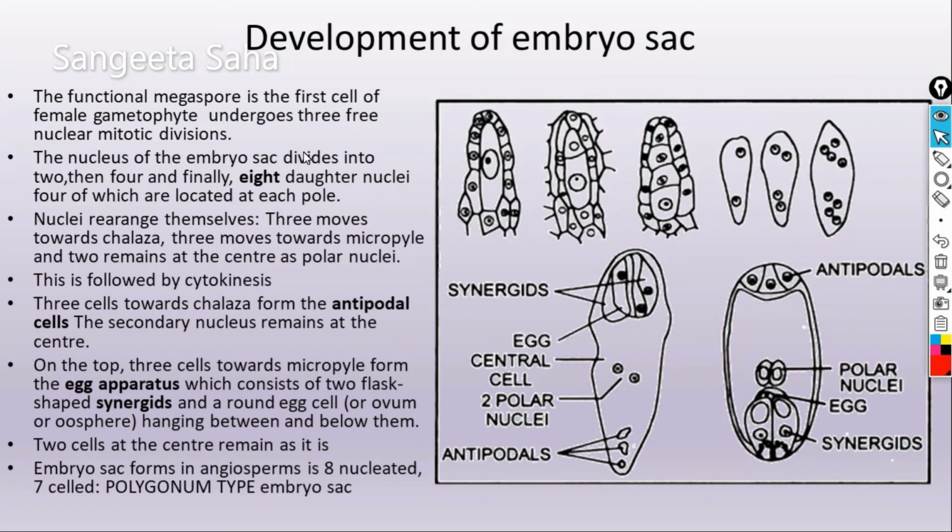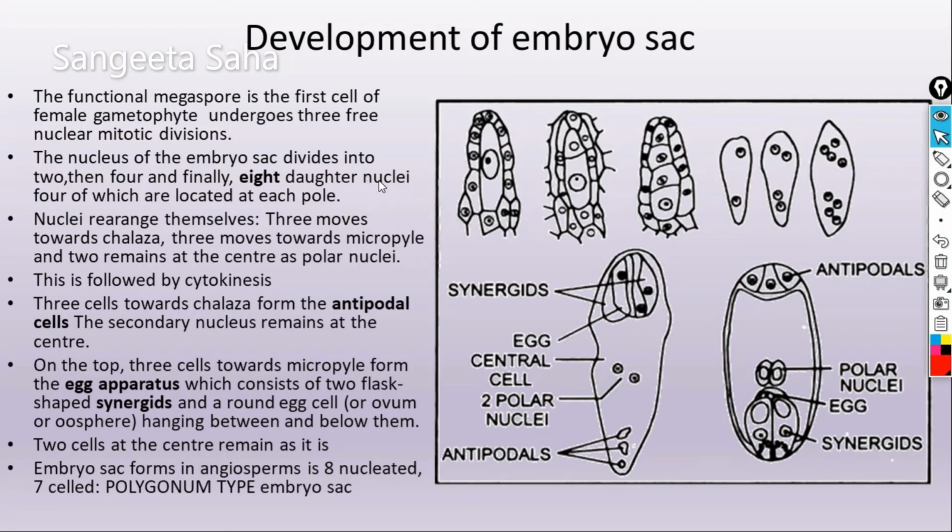So the nucleus first divides into 2, then 4, and finally 8 daughter nuclei, located at each pole.